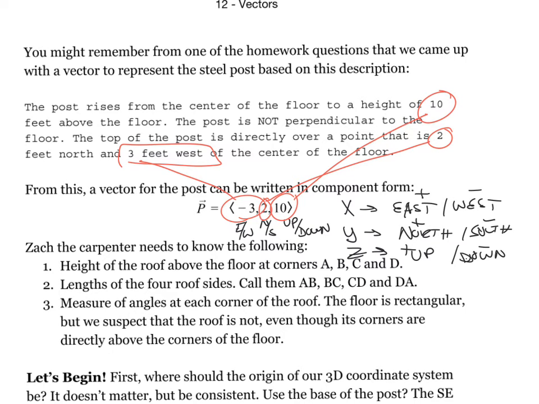And then, in order to construct the roof, Zach needs to know the angles formed by those edges, so the measure of the angles at each corner of the roof. Even though the floor is rectangular, we suspect, maybe your intuition tells you this, that the roof is not, because the roof is canted at an angle above the floor.